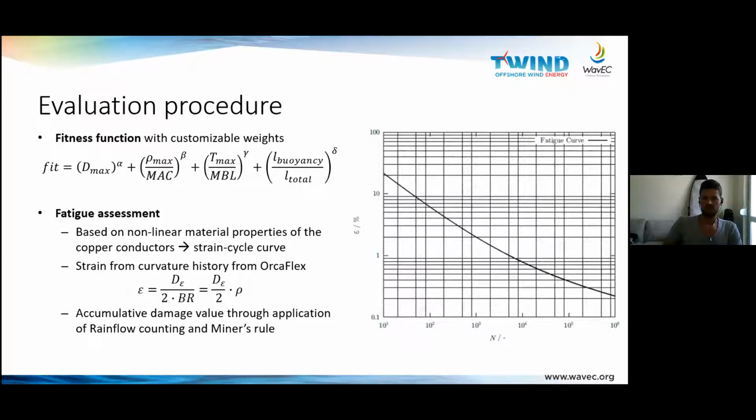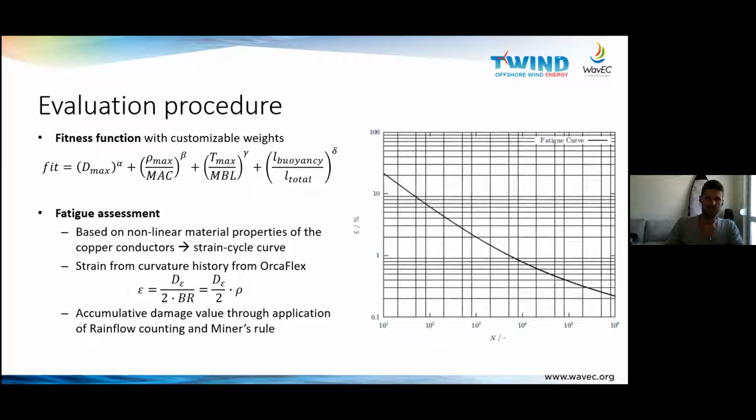So this fatigue assessment is mainly based on a material curve that you can see here on the side. Typically you have either tension cycle curves, or here it is actually a strain cycle curve. And basically this curve is telling you how often and in which amplitude you can extend the material before it breaks.